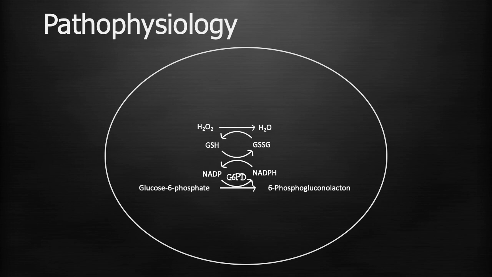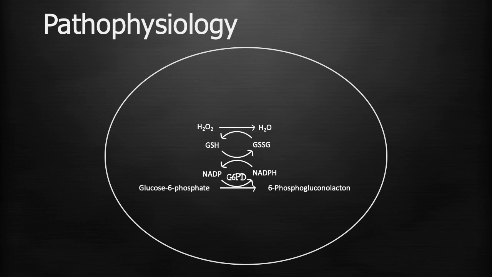It does this by serving as a substrate to the enzyme glutathione reductase. Reduced glutathione can be used to convert hydrogen peroxide to water and prevent damage to cellular structures, particularly the cell wall of the red blood cells, since they have limited capacity for repair once mature. So, in a normal condition, any extra oxidative stress can be handled by this system.